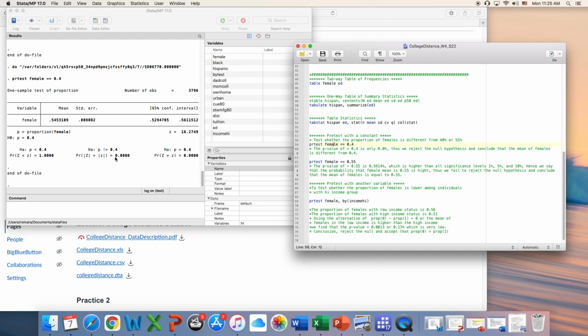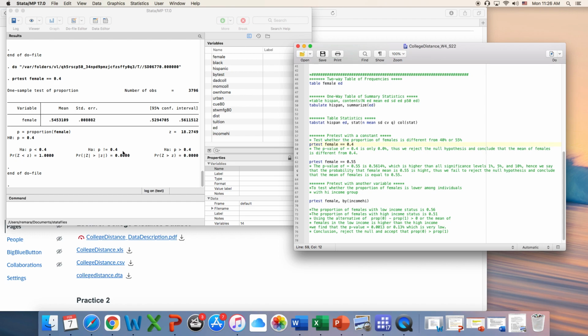In other words, there is a 0% probability that p is equal to 0.4. And if the probability is low, see, it's a 0, so if the probability is low or 0, you basically say that we are going to reject the null hypothesis that female is equal to 0.4 and accept the alternative that it's not equal to 0.4.